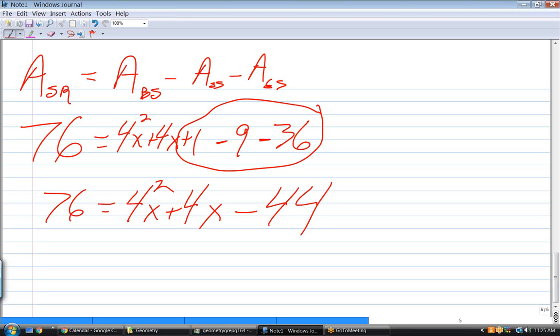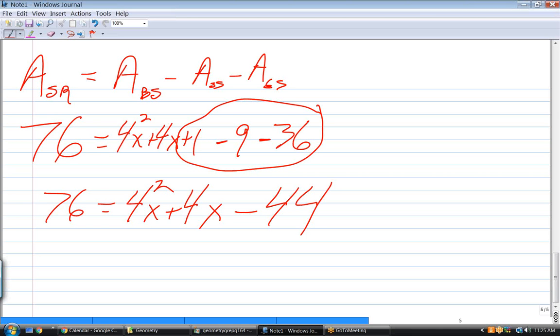Remember, our goal is to get 0 on one side. This is different. Most equations, if they're linear equations, your goal is to get the variables on one side, the numbers on the other. So I can understand why you'd want to add 44 to both sides. But this is a quadratic equation.